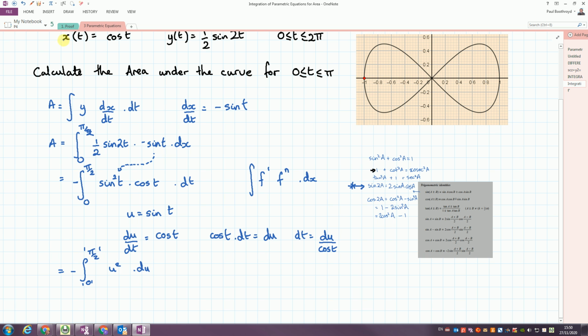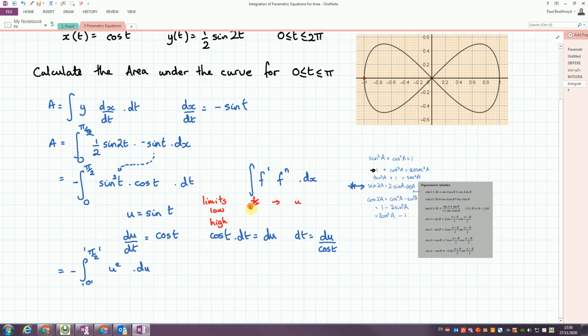The reason I put these in quotes is that when we do the change, and Anna has pointed out that there are a couple of questions where they've done this, we've got a low limit and a high limit, and they should be converted from t into u.